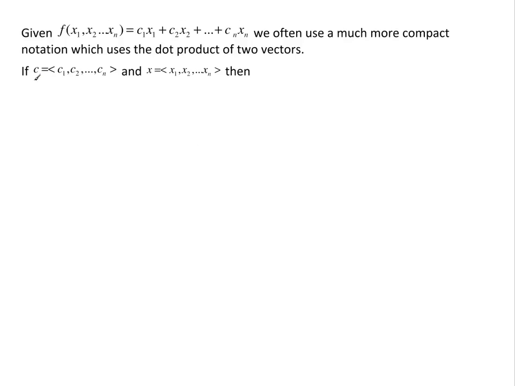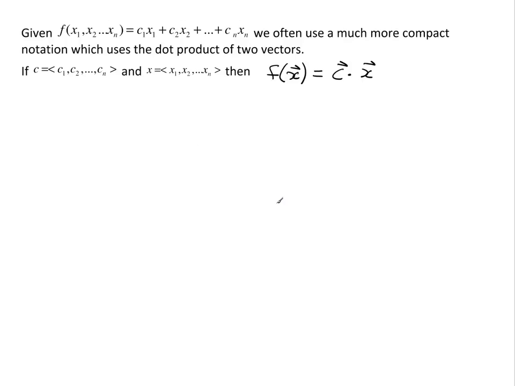So if I let the vector c equal c1 through cn and x equal x1 through xn, then I can say that f of x, and now x is a vector, is actually equal to c dot x.